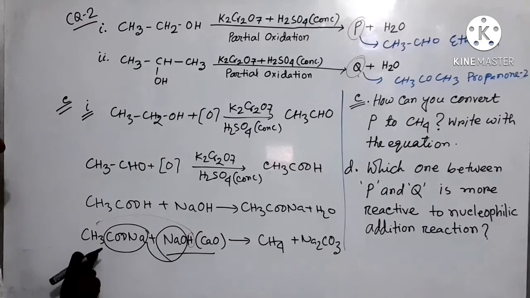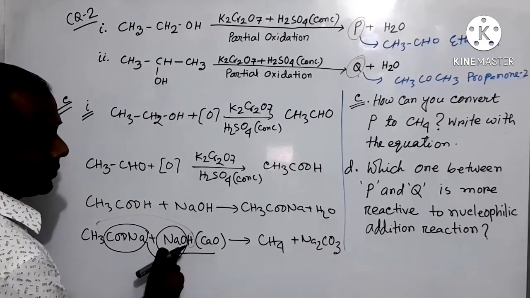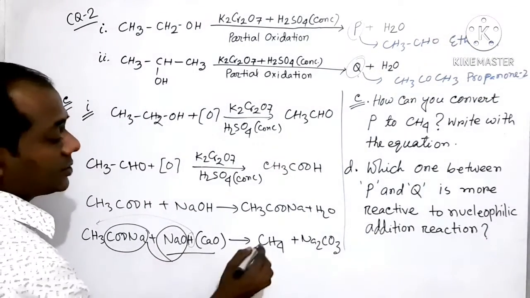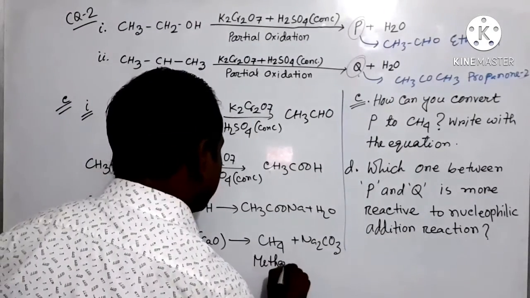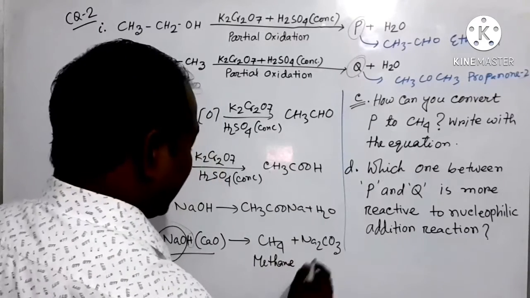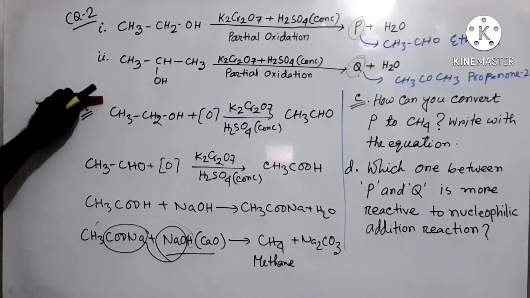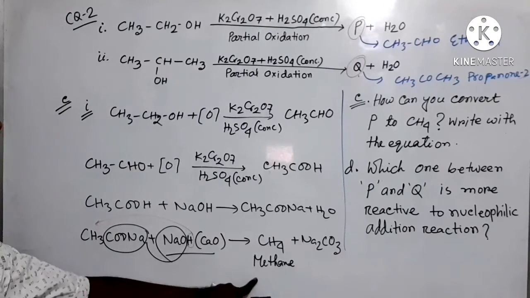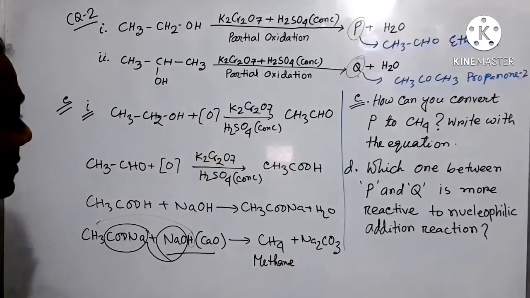That means if sodium ethanoate reacts with soda lime, then we get methane and sodium carbonate. So by this reaction we get methane from ethanal.